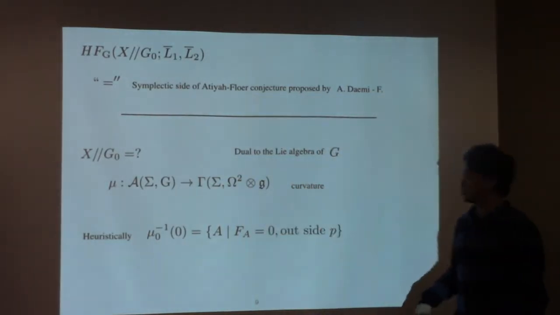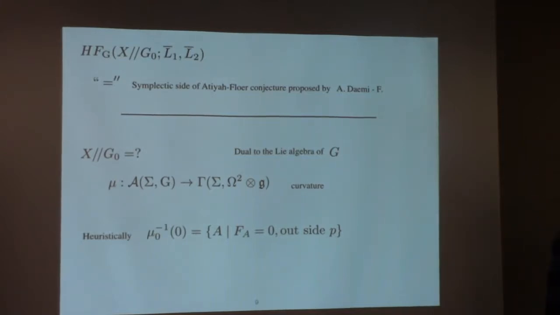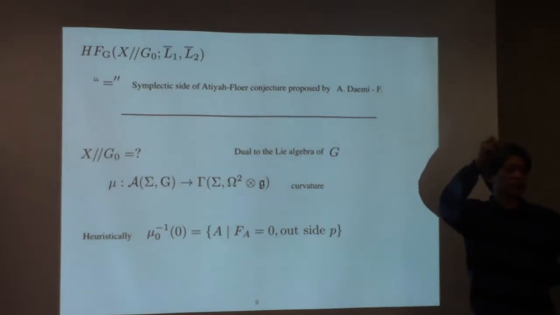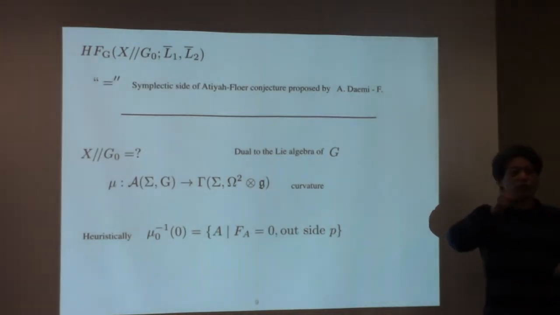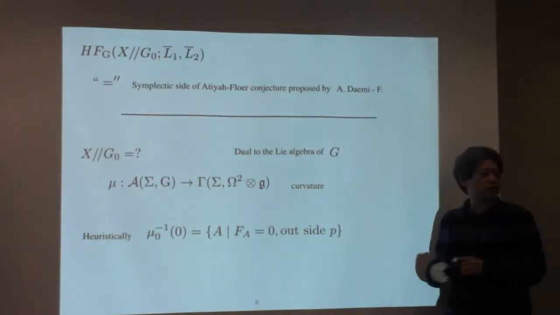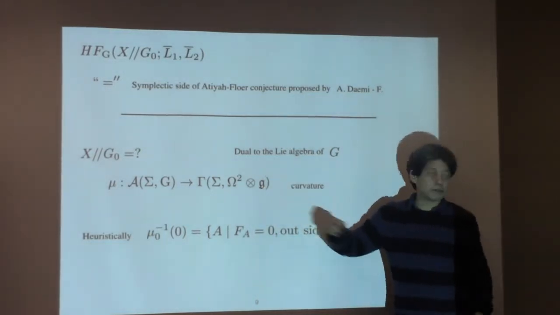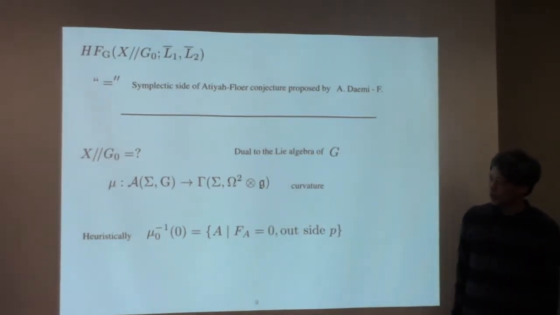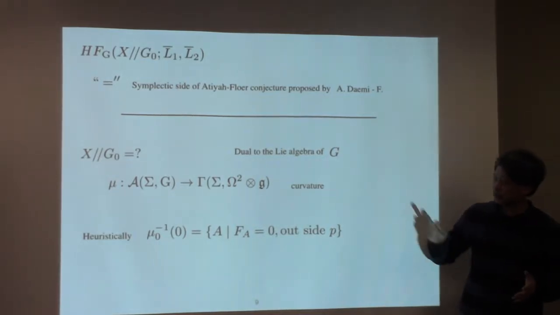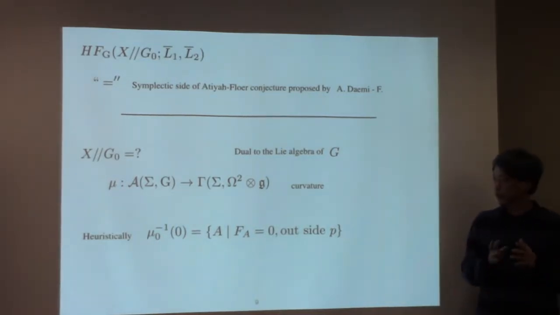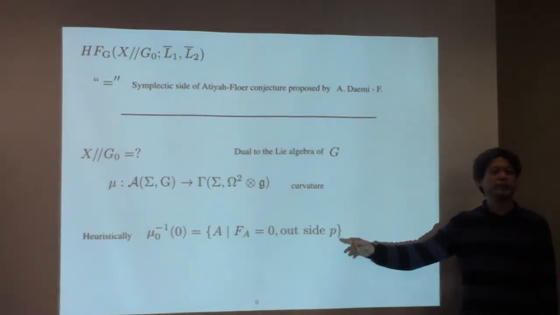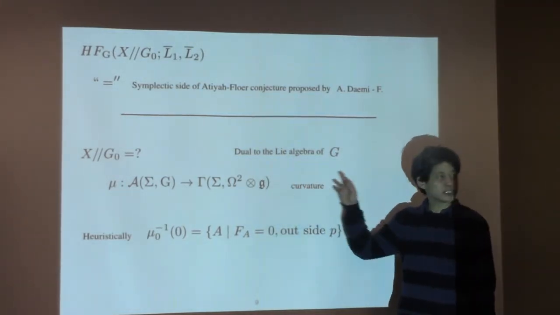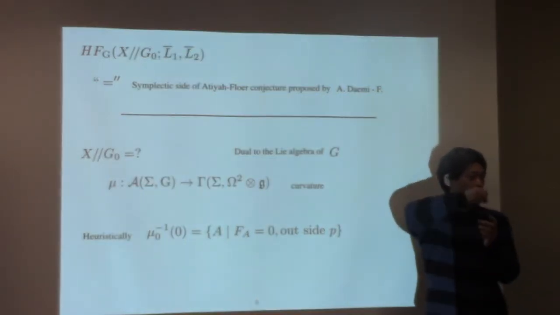So you want to take mu_0 inverse of 0. G_0 is the gauge transformations which are identity at P. So when you take this moment map, it is kind of all the maps except at P. Morally, you can say that mu_0 inverse of 0 is the connections A which are flat outside of this particular point P. Because you have G and G_0, the difference is the value at P.